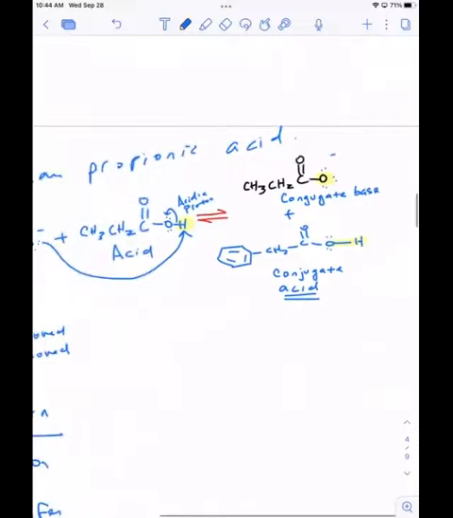So conjugate acid, conjugate base. This is very important because this is what's going to allow us to predict equilibrium. If we know the pKa's of the acid and the conjugate acid, we can predict the equilibrium. So let's do that.